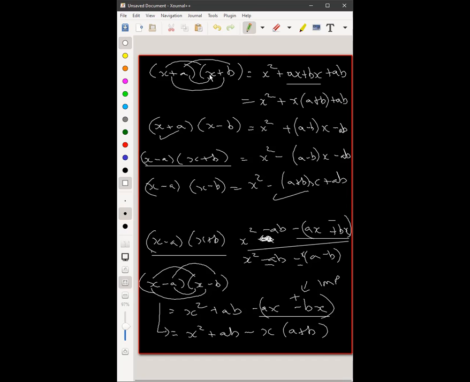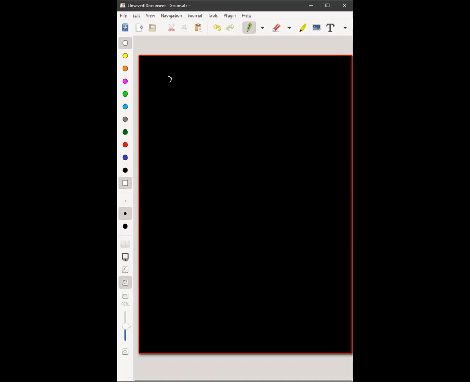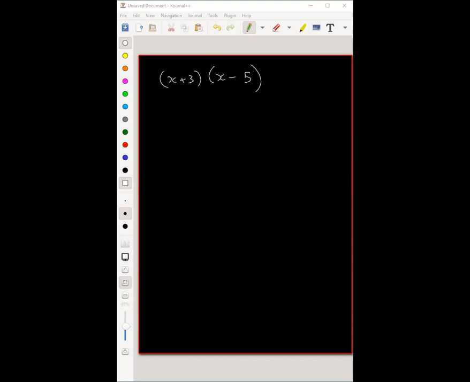Quickly do this question now: (x + 3) into (x - 5). Either use the identity directly or solve it step by step. They won't cut your marks.